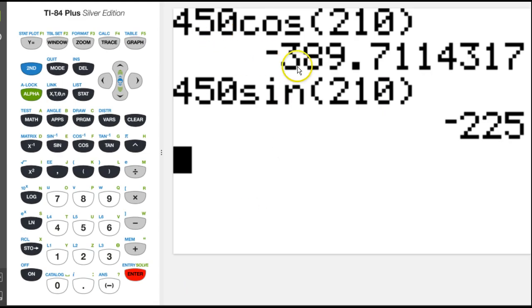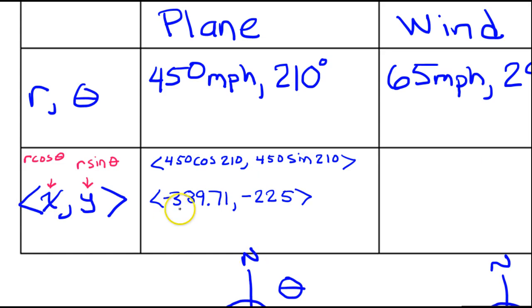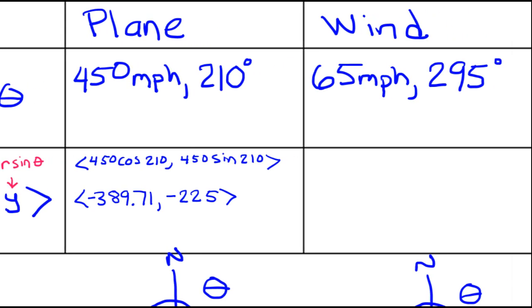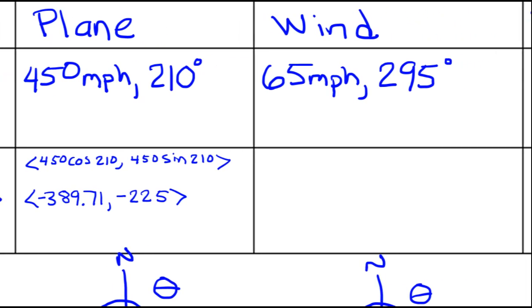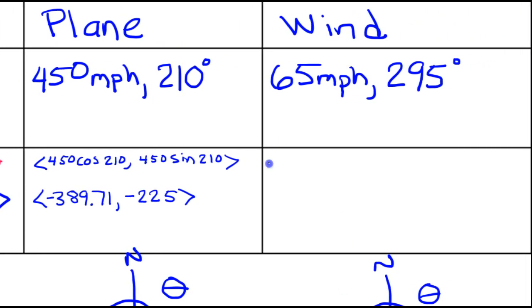Turns out that the horizontal component is negative 389.71, and the vertical component is negative 225. And we just record that on the chart right here. Now we can move on to the wind velocity. And so again, we can find the horizontal component by doing r cosine theta.